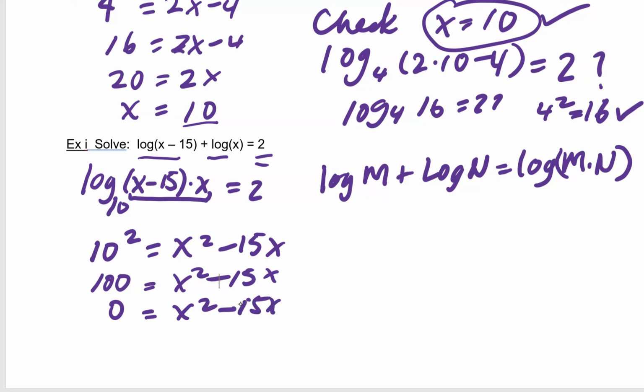And I can see now, with my minus 100, that this can be factored. And it will have a difference of factors, so I will get one positive, one negative.